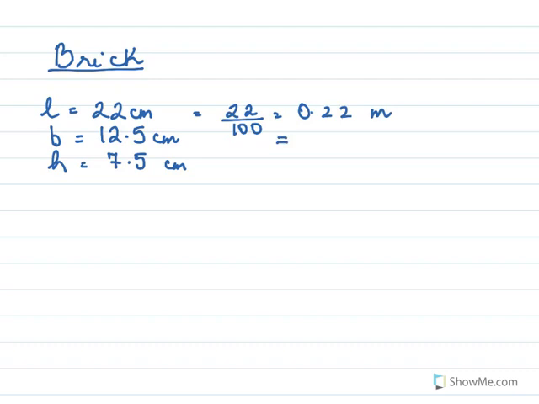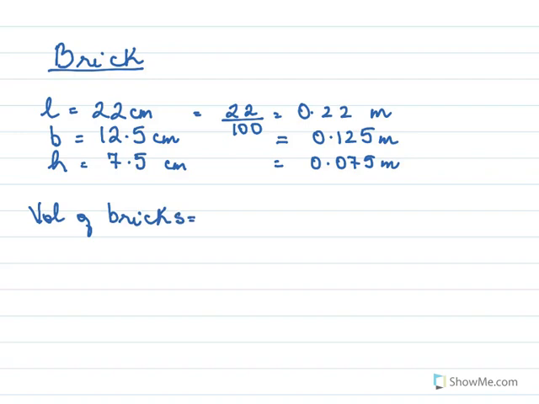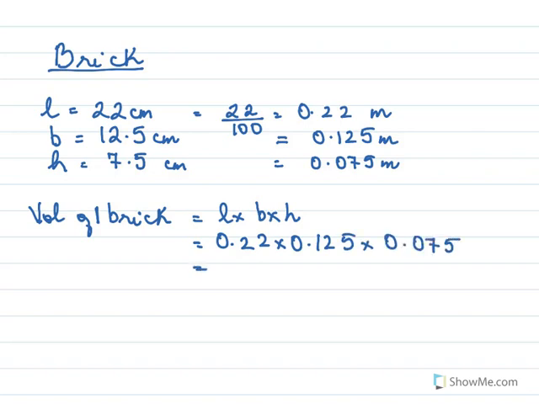Same thing, the breadth will be 0.125 meter, and here when you divide by 100 you get 0.075 meter. So volume of one brick equal to length, breadth into height: 0.22, 0.125, 0.075. But I'm not going to multiply and find the volume.